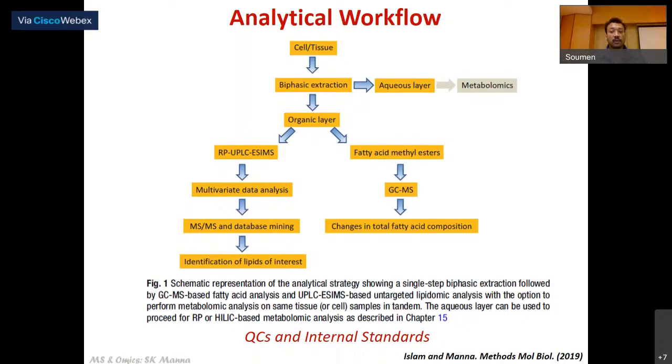And depending on what kind of lipid you want to look at, you would then subject them to different types of analysis. For example, if you really want to look at just the fatty acid composition, the best method is probably GC-MS based fatty acid analysis by generating fatty acid methyl esters.